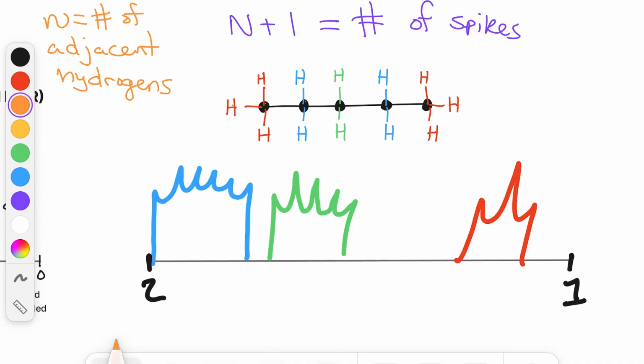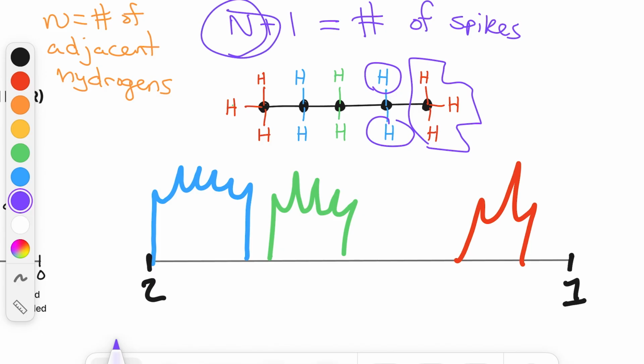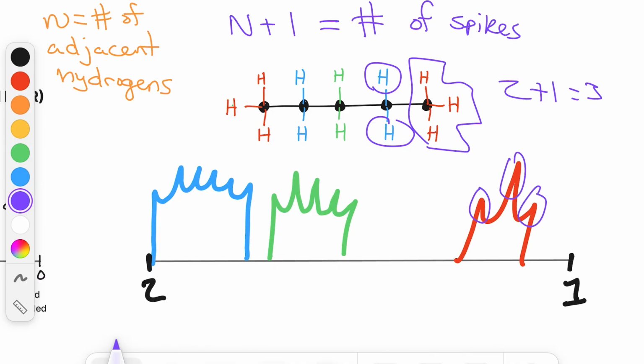We could also call them hydrogen neighbors. Looking back at this red group, it has 2 adjacent hydrogens, 2 hydrogen neighbors. So the n for that equation would be 2, and then you always add 1, and that equals 3, which is why the red produces 3 spikes.